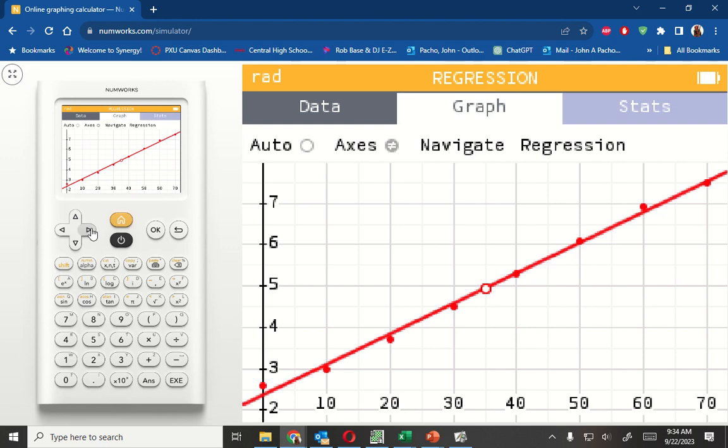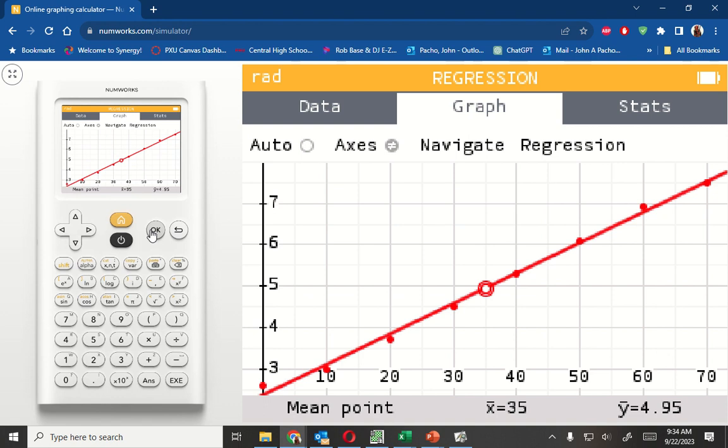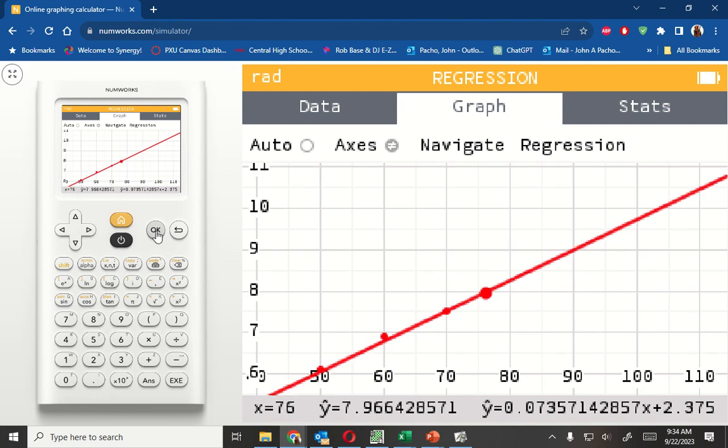I did it earlier, I just can't remember how now. There we go. I just arrowed down on it. So if you guys are paying attention, I arrowed down till I could finally select on the red line itself, not just the dots. And now I could put in my 76. Found it.